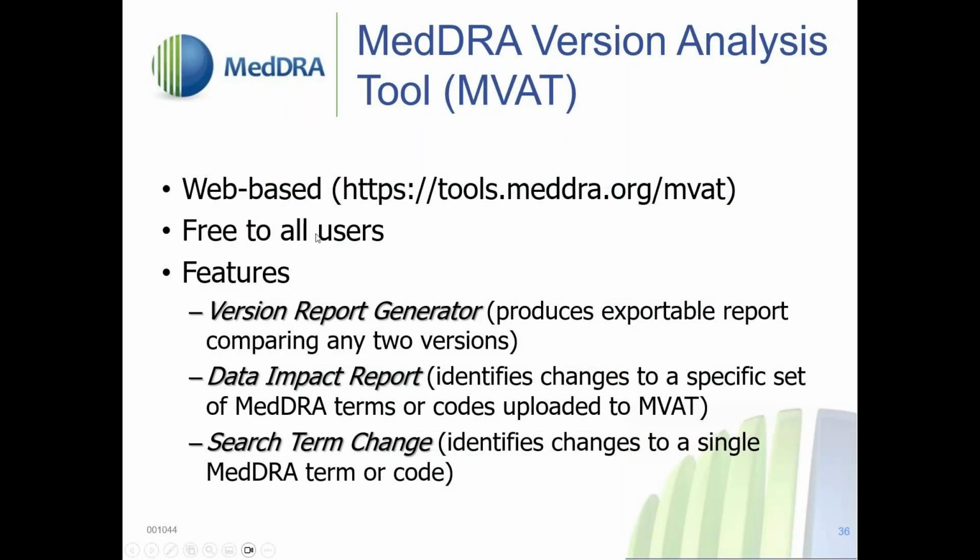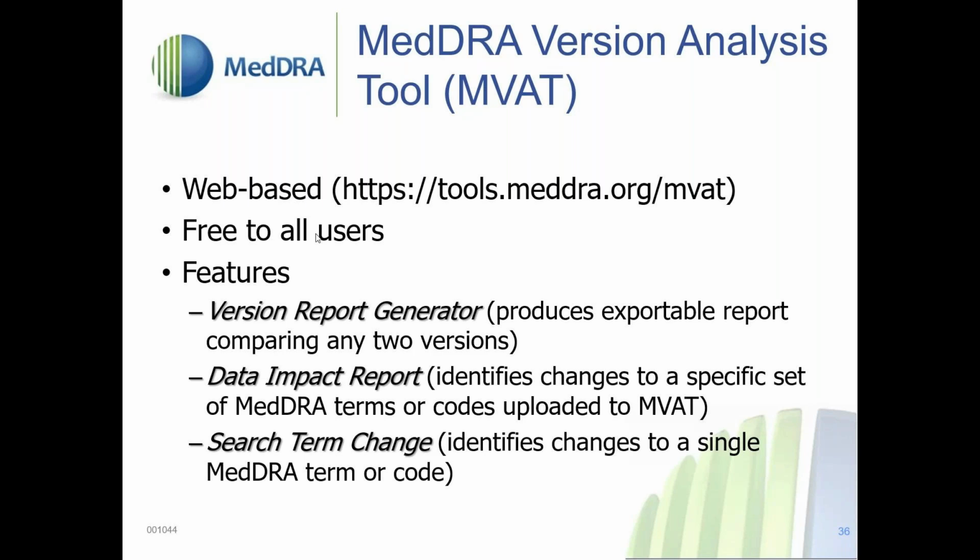It has several features. The first feature listed on the slide is the generation of the version reports, and it provides the same format as the usual version report that you get with the new version releases.